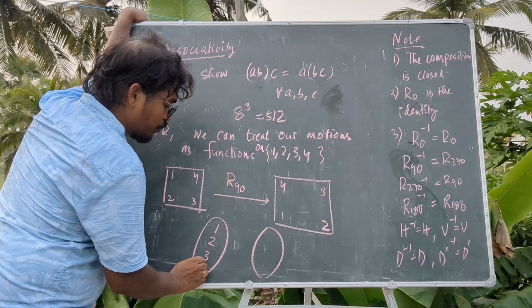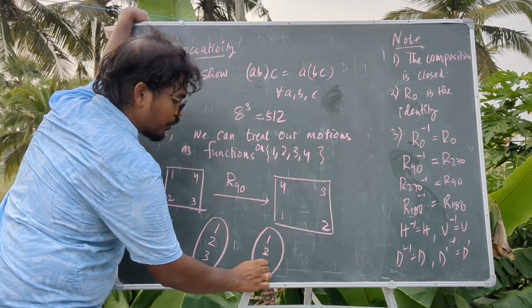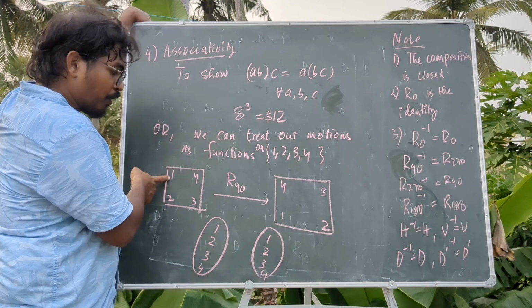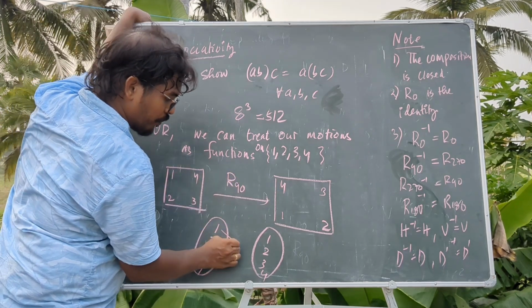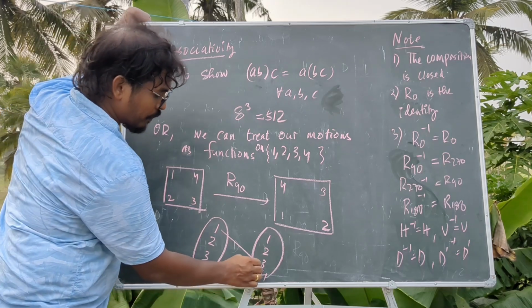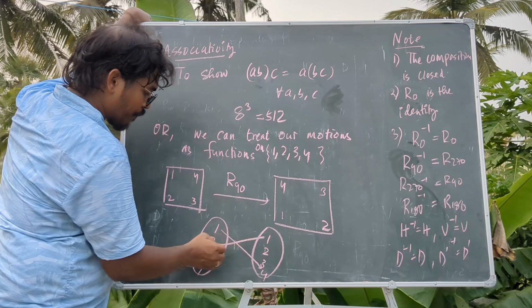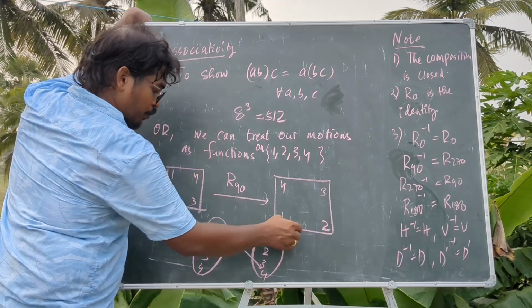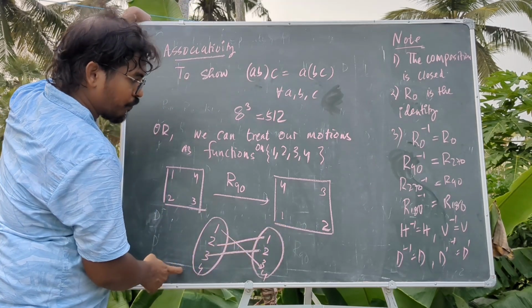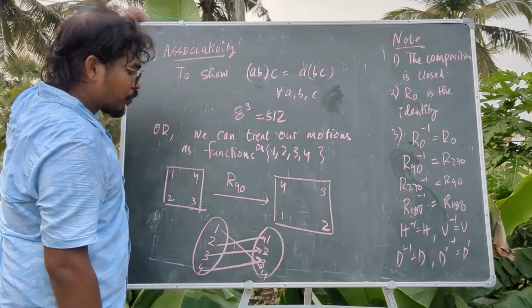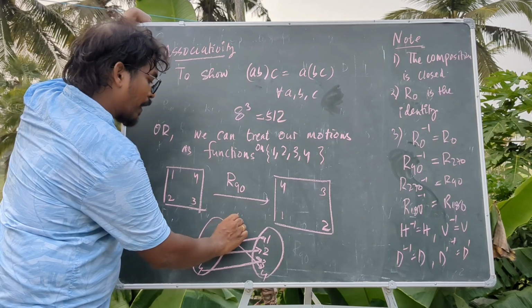We have 1, 2, 3, 4 here and 1, 2, 3, 4 here. In the position of 1 we have got 4, so 1 is going to 4, and in place of 2 we have 1, in place of 3 we have 2, in place of 4 we have 3. So this is our function R90.